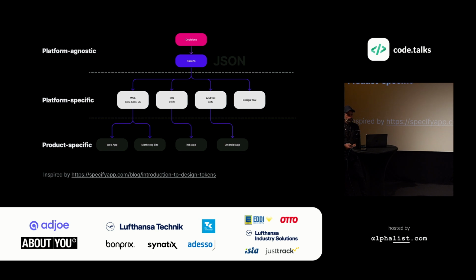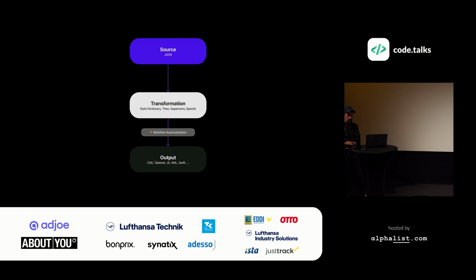So a layer that translates JSON to XML, to Swift, to JavaScript, to Sass, to custom properties. That's what you have in between. And finally, you get consumable code that all your apps can understand, because you have a translation layer in between that guarantees no matter what you throw in, it can be translated in the end. That's another representation about that.